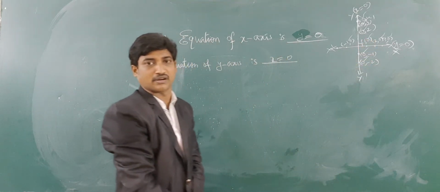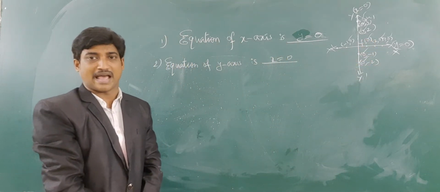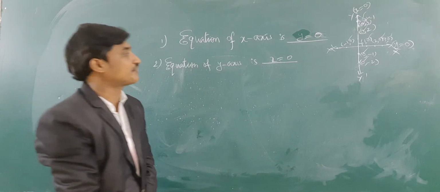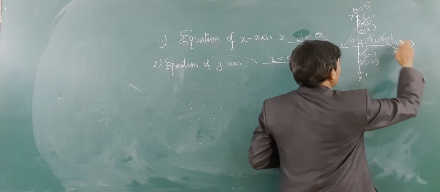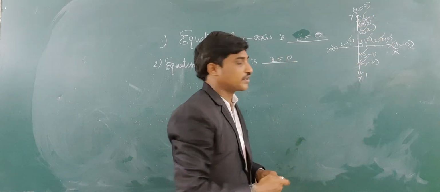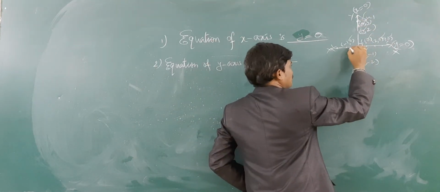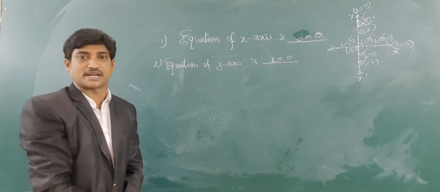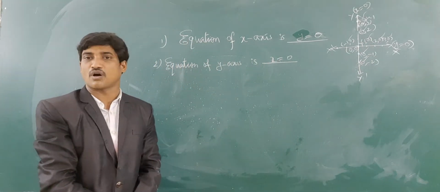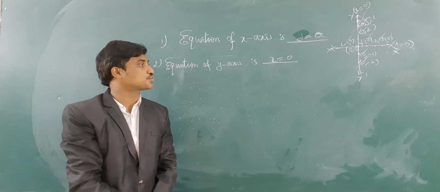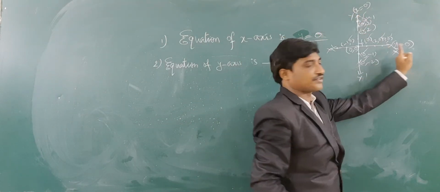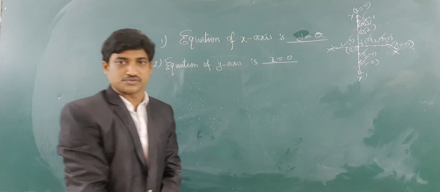Those are perpendicular, as those are axes. What is the intersecting point of the lines y is equal to 0 and x equal to 0? That is the origin (0, 0). Intersecting point of x-axis and y-axis is origin (0, 0).